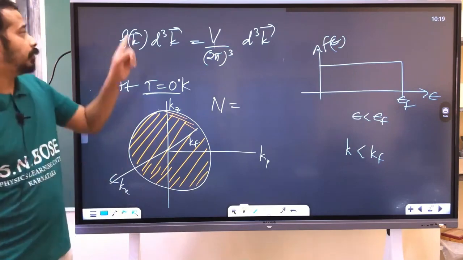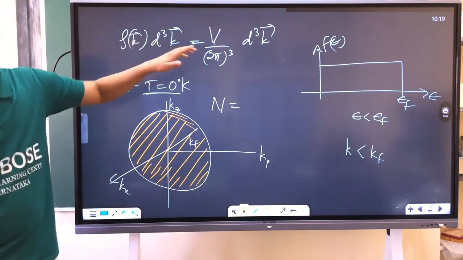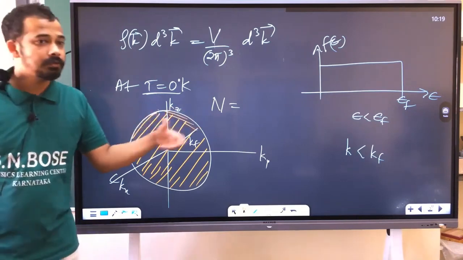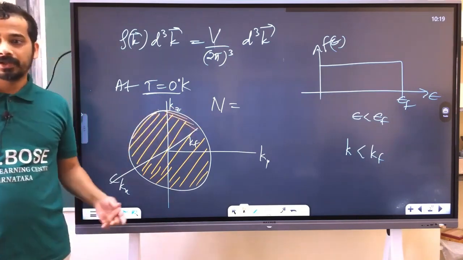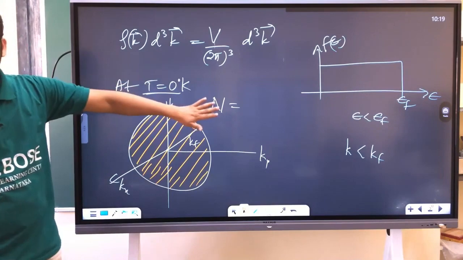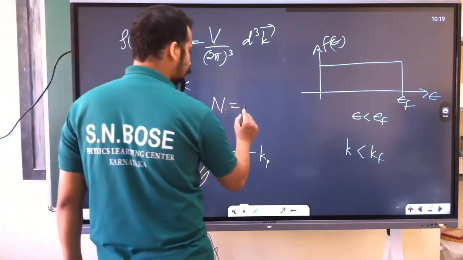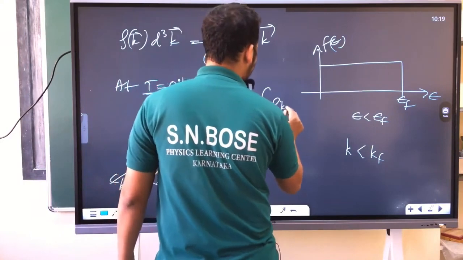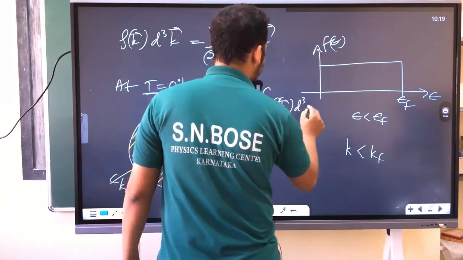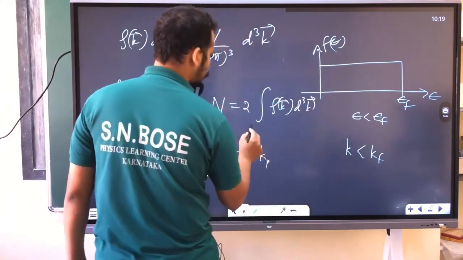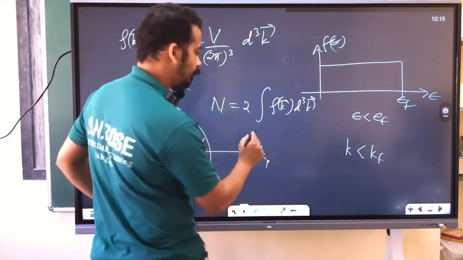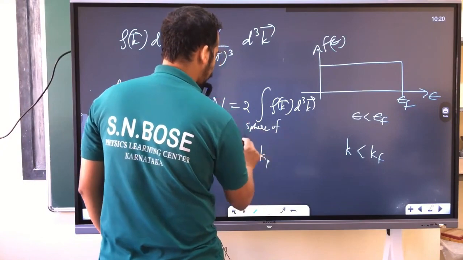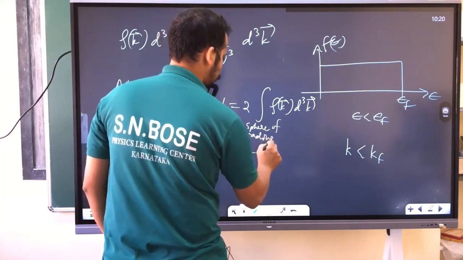Degeneracy should be taken care of because this is only the translation state. When we talk about electrons, each translation state can be occupied by 2 electrons. Am I right? That's why you should take care of that. I'll write for electron: 2 into rho of k vector d cube of k vector, within the sphere of radius kf.